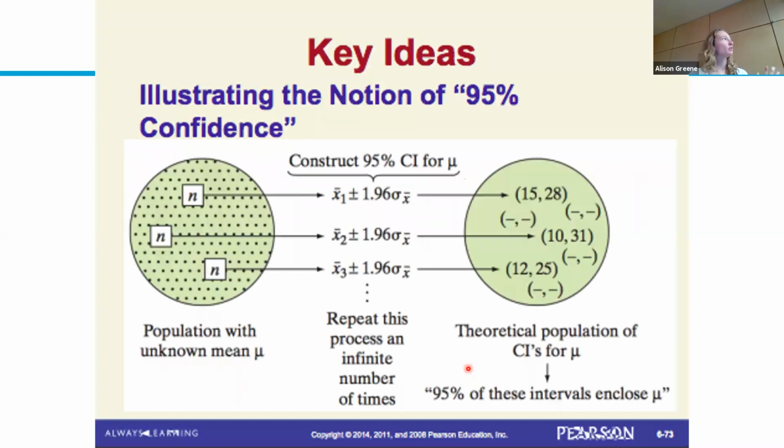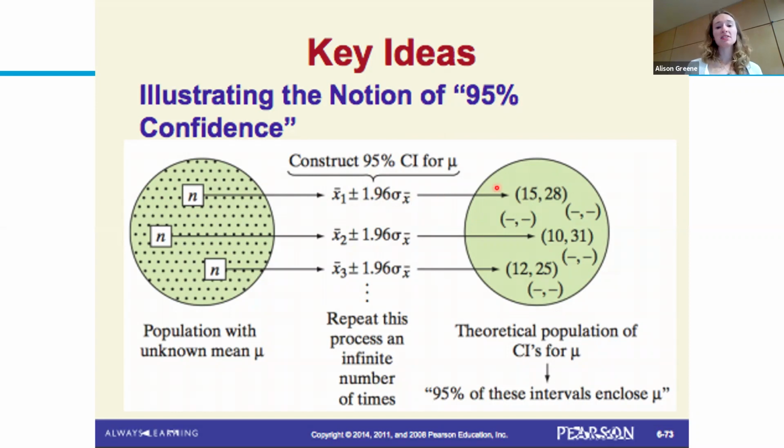Like I said, we can do this many times, and then you can end up doing statistics on this repeated sampling. What this looks like is, if this is your whole true population, one time we sample, it's a sample of size n. We calculate the sample mean for that. We add and subtract the bounds. 1.96 is just that number from the table. And this is our standard error.